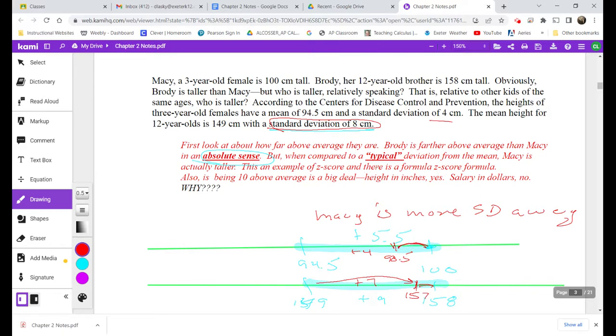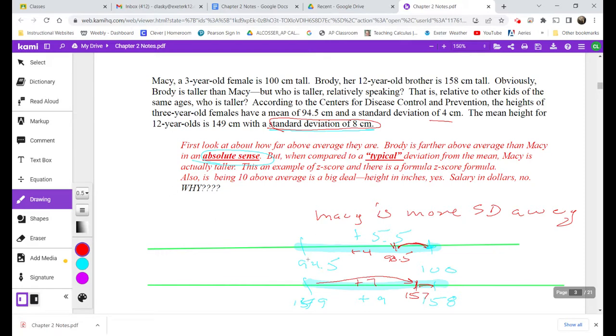So on average, it's a big deal that she's this much farther away. By age, she's much taller when you compare her to 3-year-old females than Brody is when you compare him to 12-year-old males.